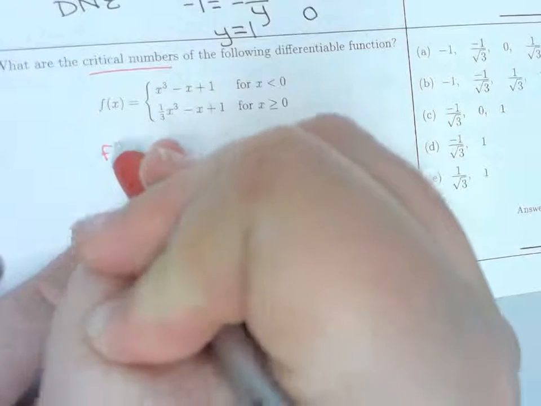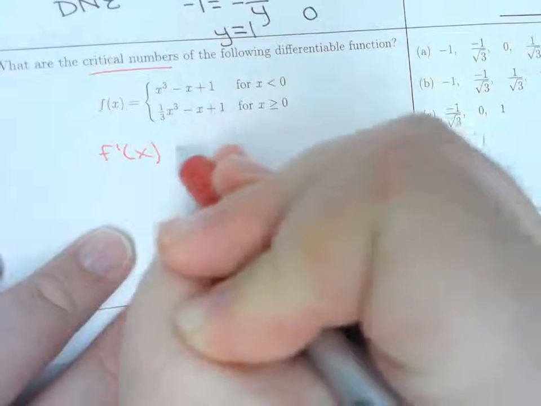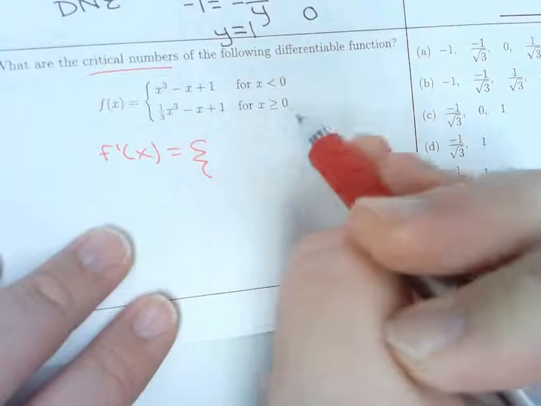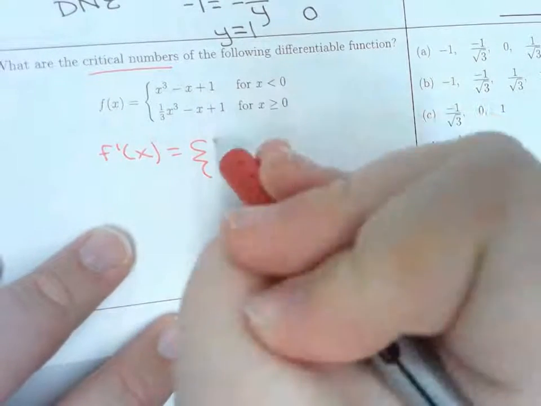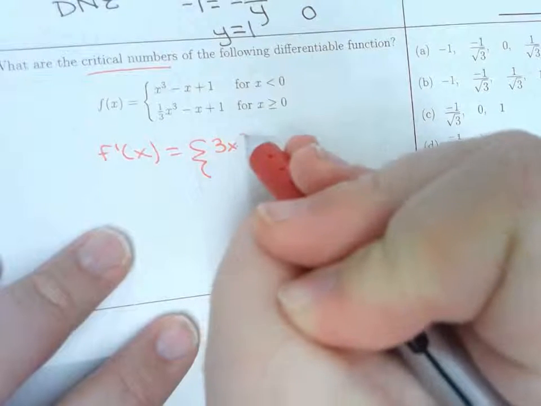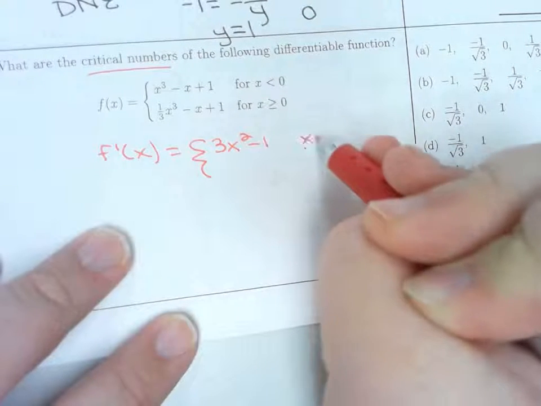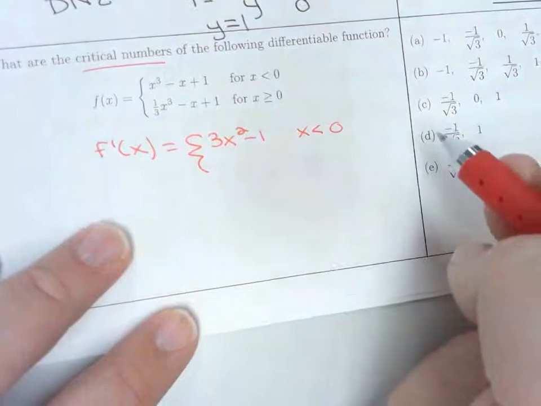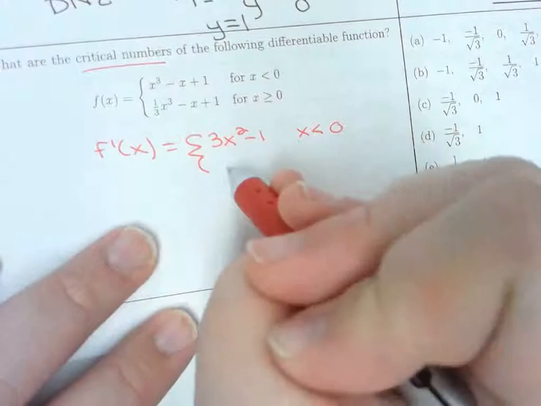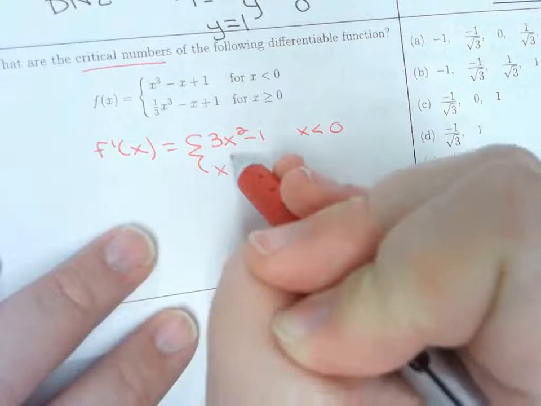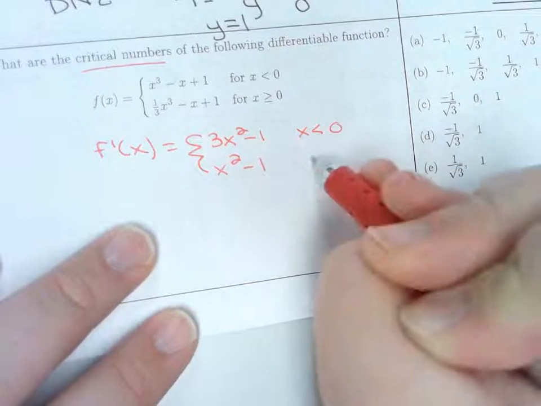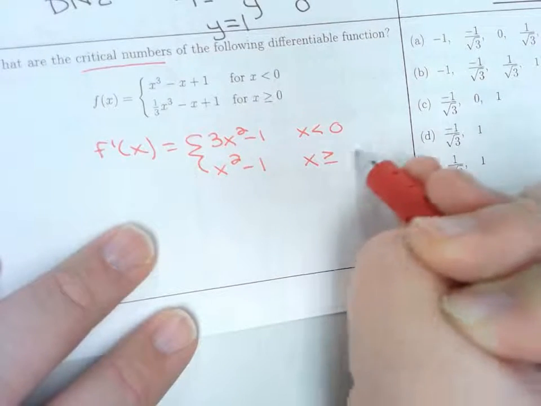So I'm going to take the derivative. Now, just because it's a piecewise, don't stress out. You do it the same sort of way. So this will be 3x squared minus 1 when x is less than 0, I'm just taking the derivative like normal. And this would be x squared minus 1 when x is greater than or equal to 0.